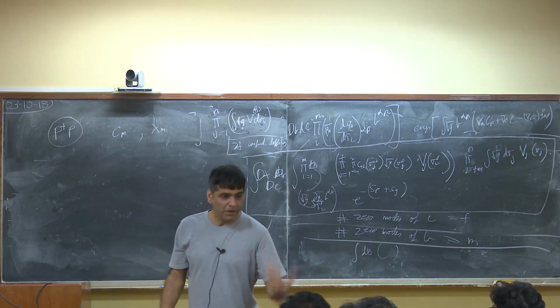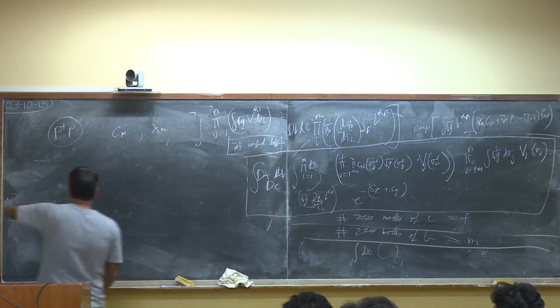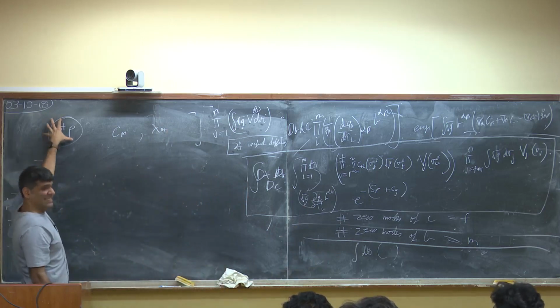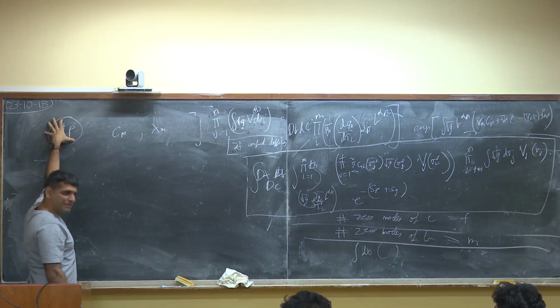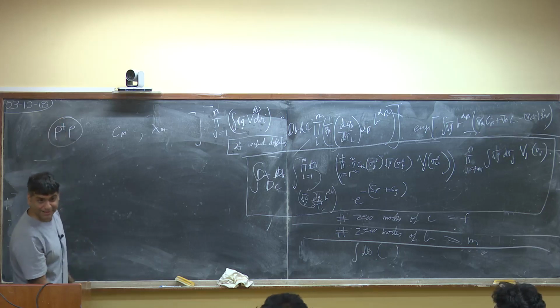Any vector field C, because of completeness, it's a nice Hermitian operator on a space with a well-defined inner product.